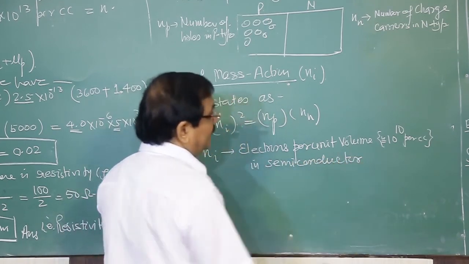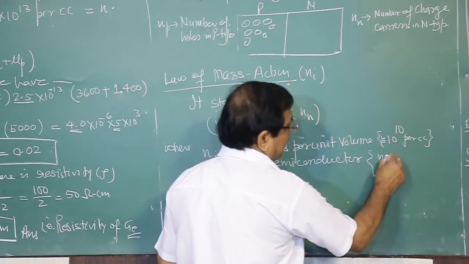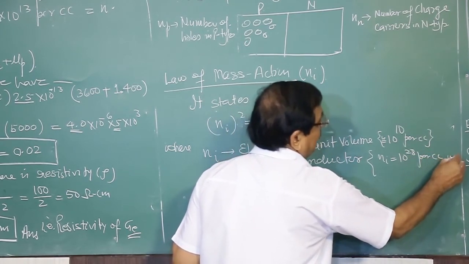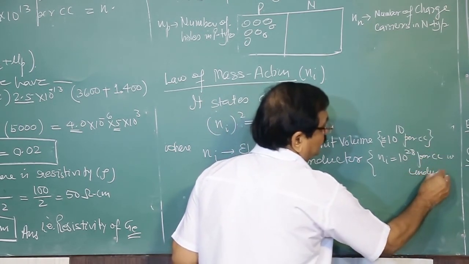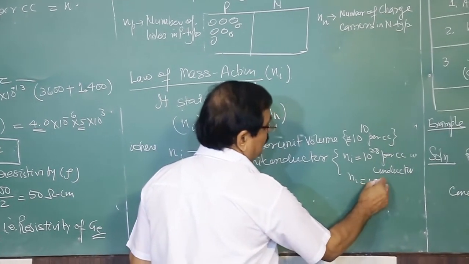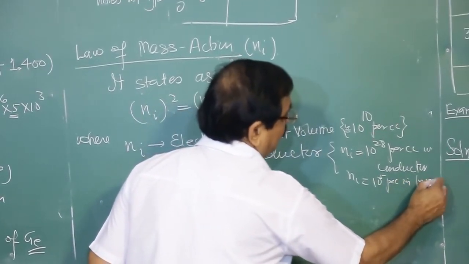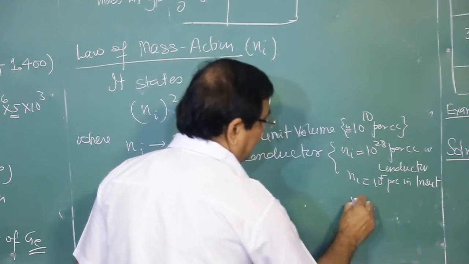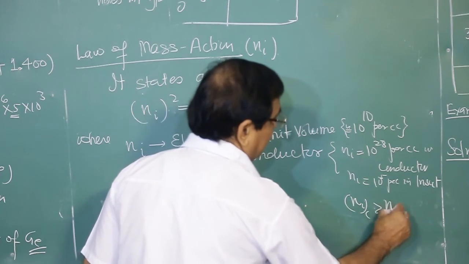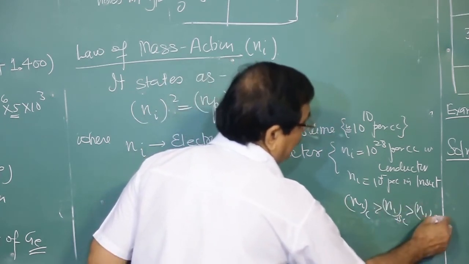In a conductor, Ni is equal to 10 to the power 28 per cc, and in an insulator, Ni is 10 to the power 5 per cc. So, what we find is Ni of conductor is greater than Ni of semiconductor, which is greater than Ni of insulator.